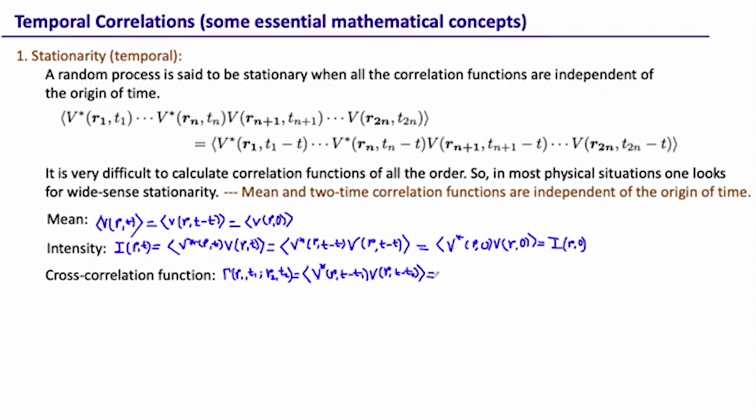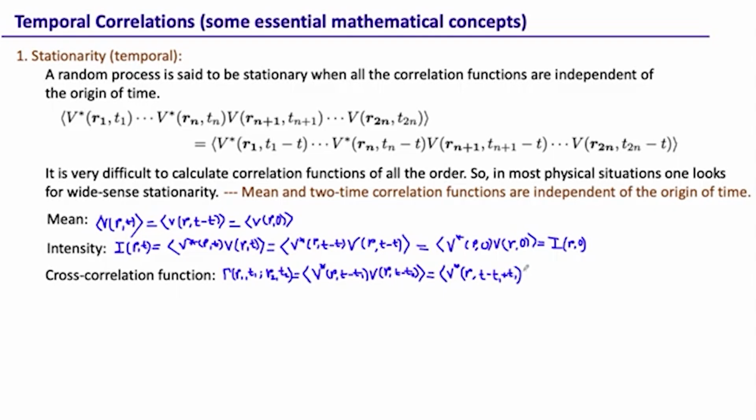Now, if it has to be independent of the origin of time, then we should be able to add or subtract some time argument, and the thing should still not change. So let's say we do t minus t1, and let me just add plus t1.